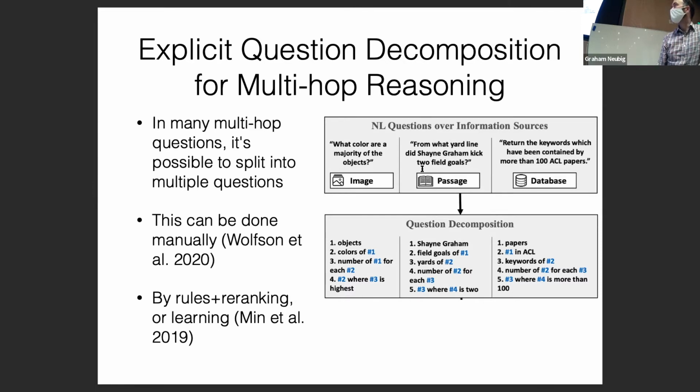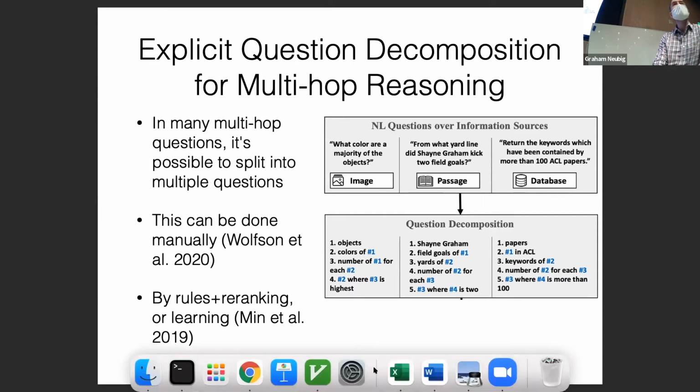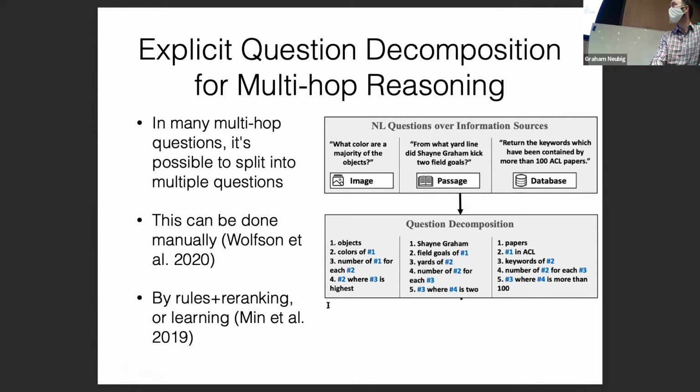And so then what you can do is run this by a textual question answering system and get the answer for the first question, and then use that answer to help answer the second question. Sorry, I realize now that I probably should have an example of what this looks like on the slide. I don't, but you can look at the paper if you're interested in taking a look. Any questions about this? Okay.